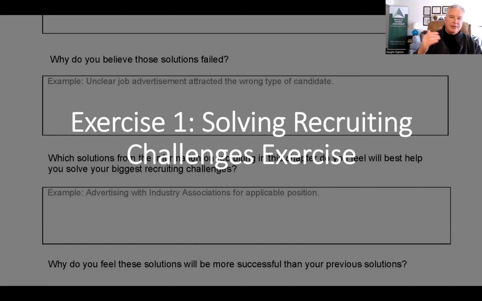Take some time, put some thought into it, and get a current state assessment of where you are today on your recruiting process. What's working, what's not working, what could you do better, what could you enhance? So let's look at some of the things I shared with you in the process, and then come up with a thing or 2 or 3 that you've learned from this course that will solve some of your recruiting challenges.